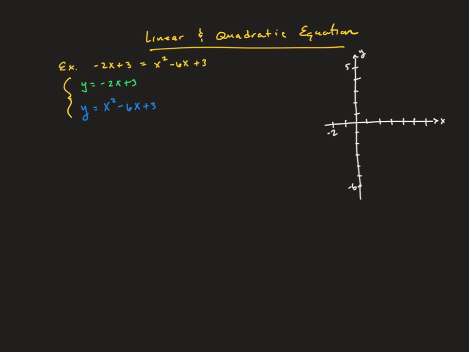the easiest portion of this system for me to graph is going to be this linear equation right here. I'm going to graph that starting off with my y-intercept and then just work my slope, which is negative 2, to graph that line.